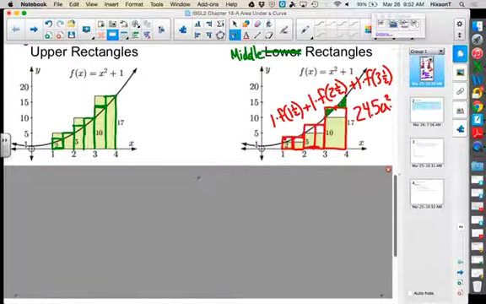But what we're doing here, whether we use upper, lower, or middle rectangles, will make that method more accurate. By cutting it into narrower pieces, notice what happens here. We had been counting this, and now we're not.